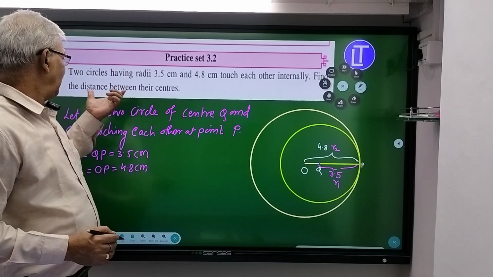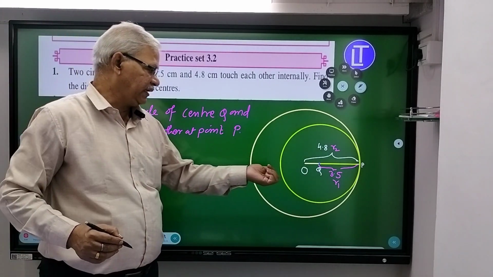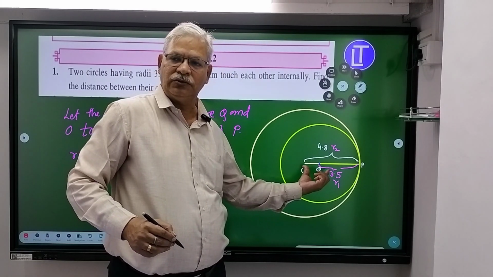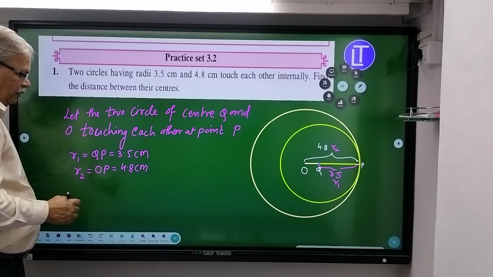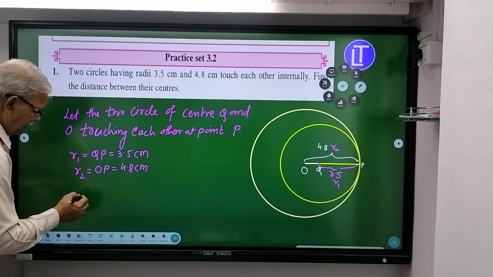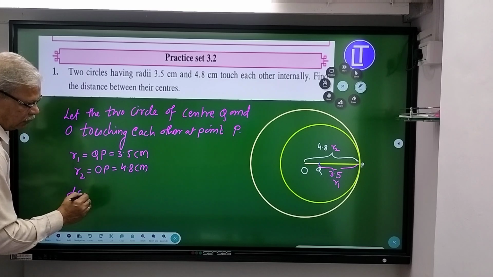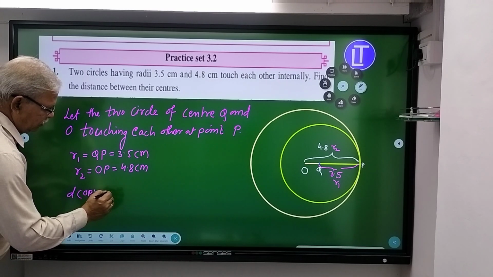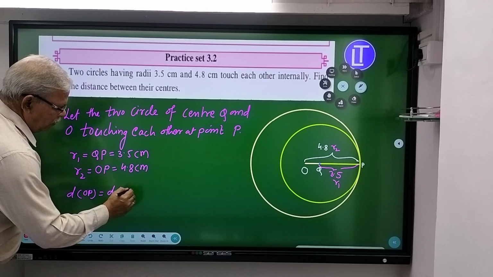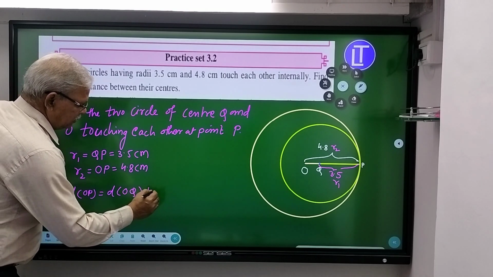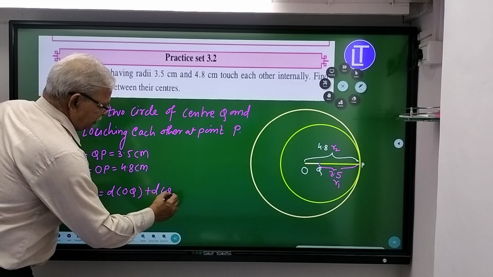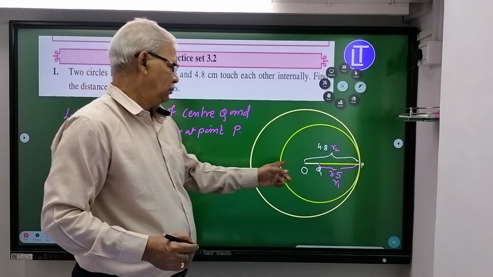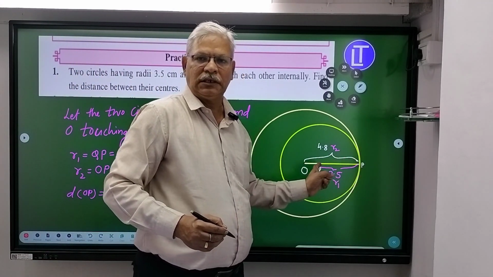Now he is asking the distance between their centers. What is the distance between their centers? That is OQ. Therefore, you will write distance OP is equal to distance OQ plus distance QP. Why so? Because they are touching internally.